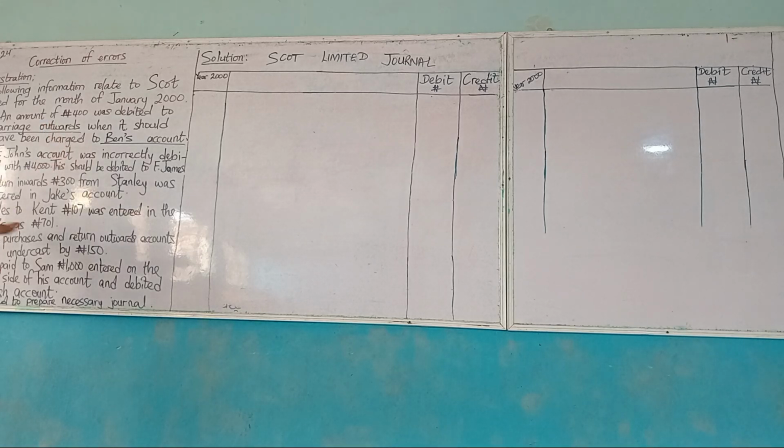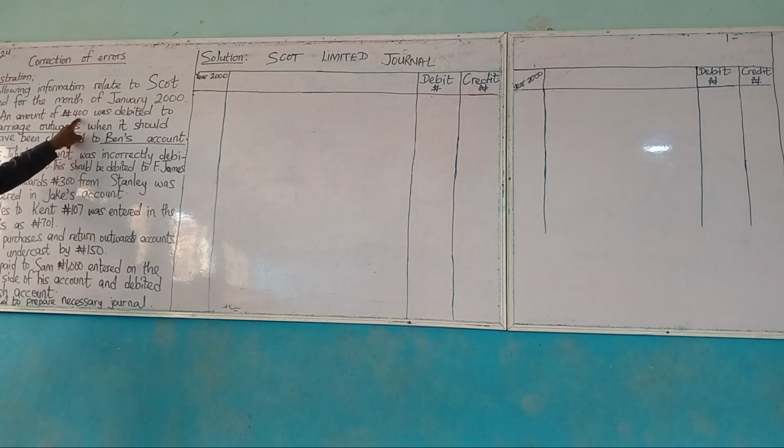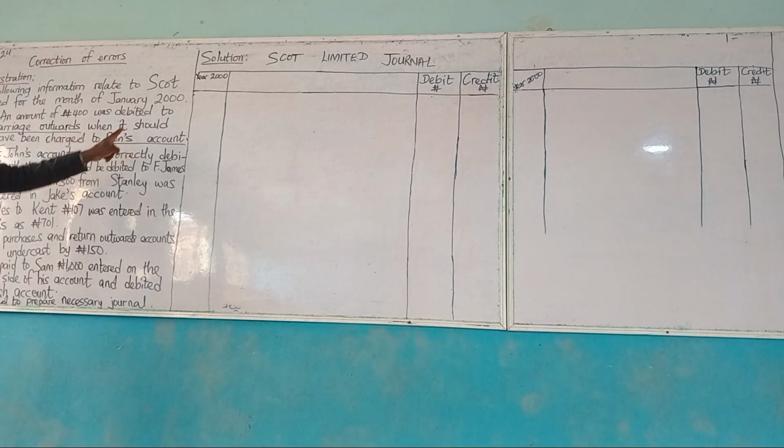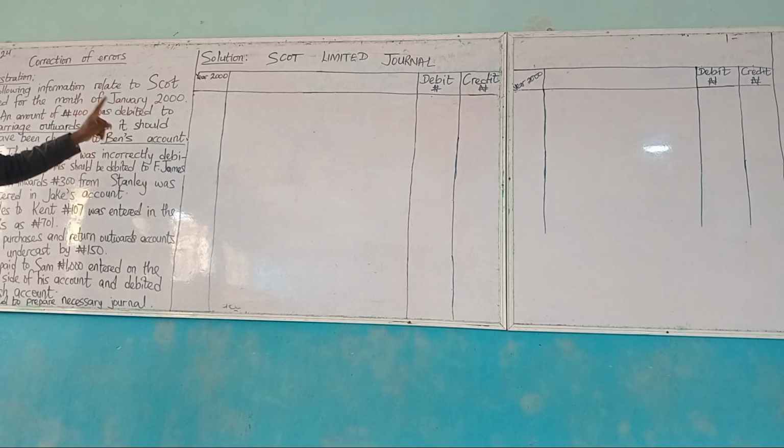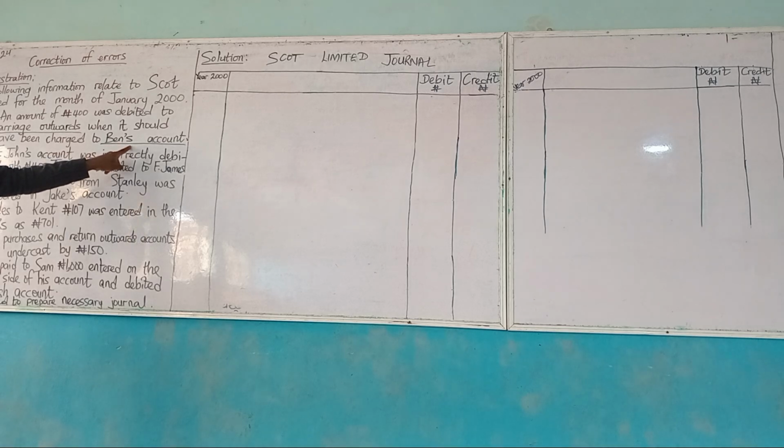Now, to correct this error, since this account had been debited with this fund, and you have been informed that it should have gone into the first account, you have to do the opposite of what had been done: credit the carriage outwards account and debit the other account.